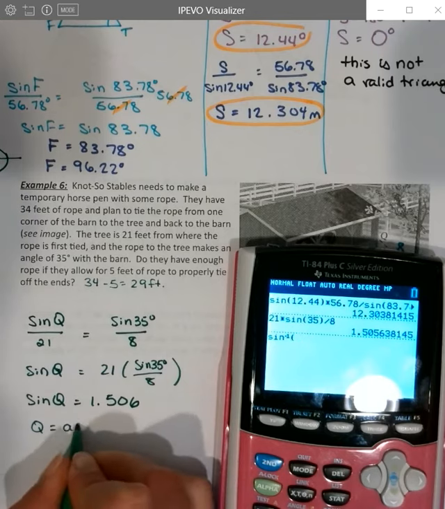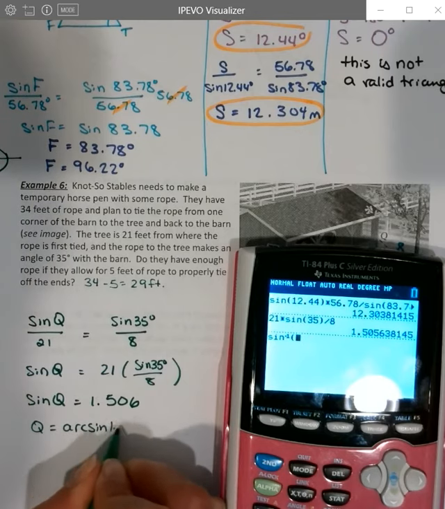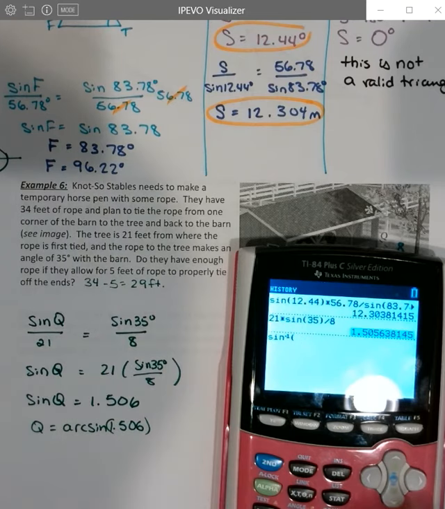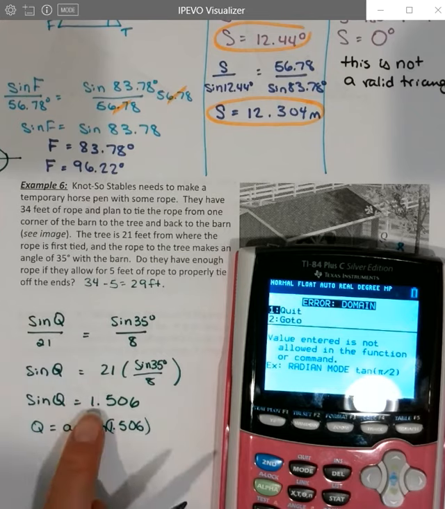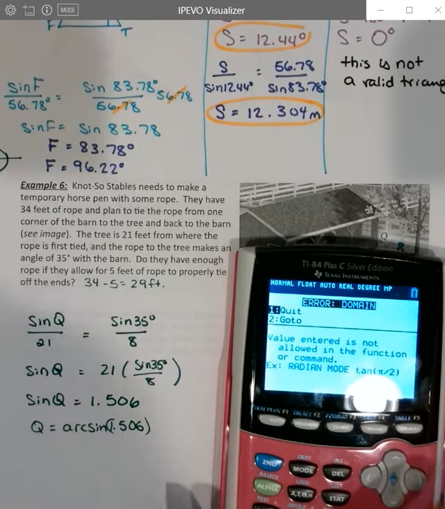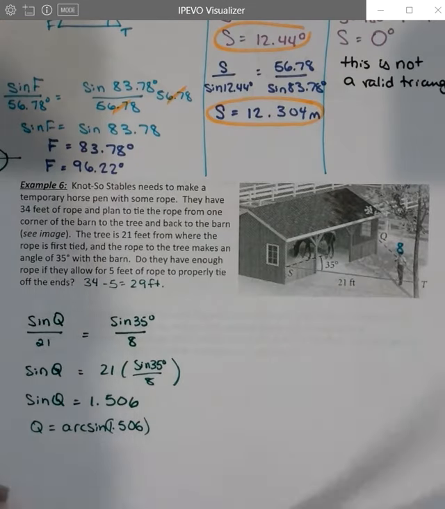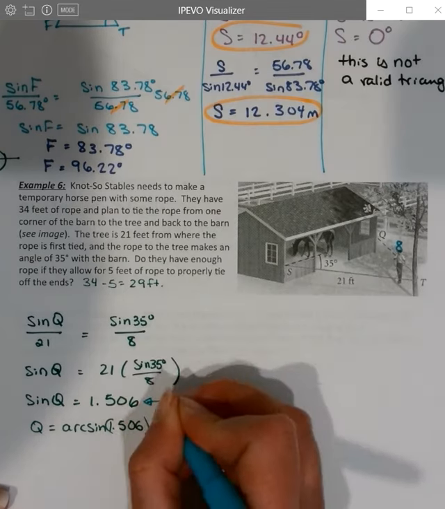Q equals the arc sine of 1.506, but it's not going to work because if you recall, the range of sine is -1 to 1, and this is too big. So that's not possible for sine. So this is definitely too large.